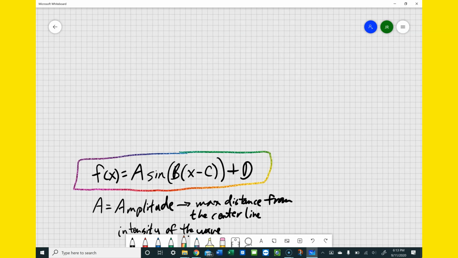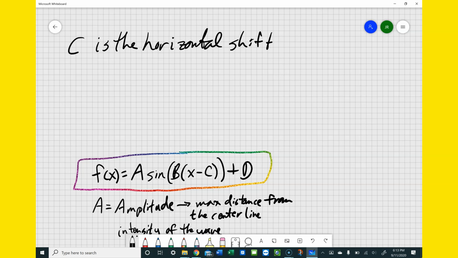Okay, so what is C? C is the horizontal shift or translation, in this case aka the phase shift.